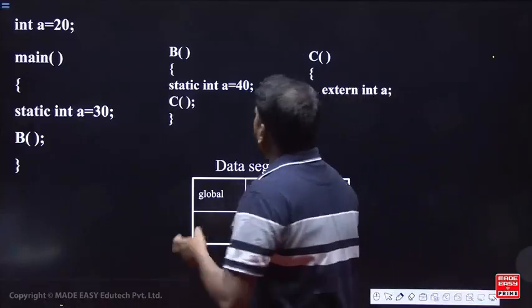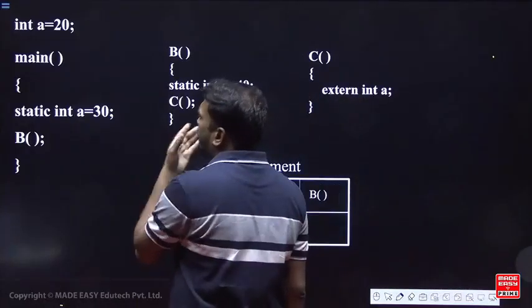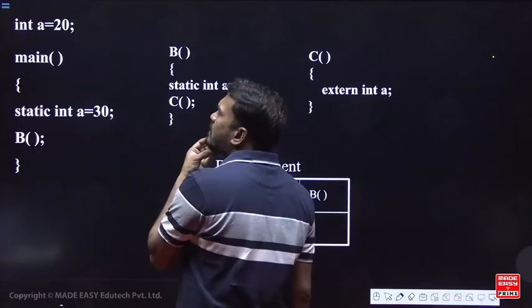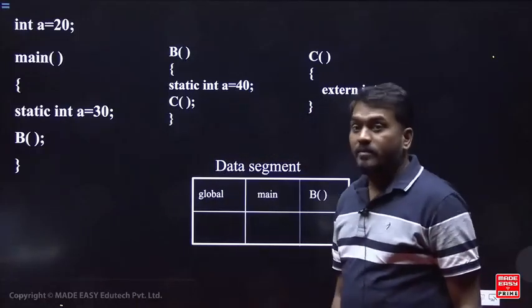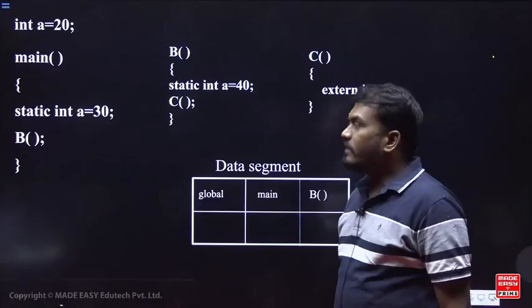Now when you are executing this program, at the compile time memory is allocated for the static variable and global variable.